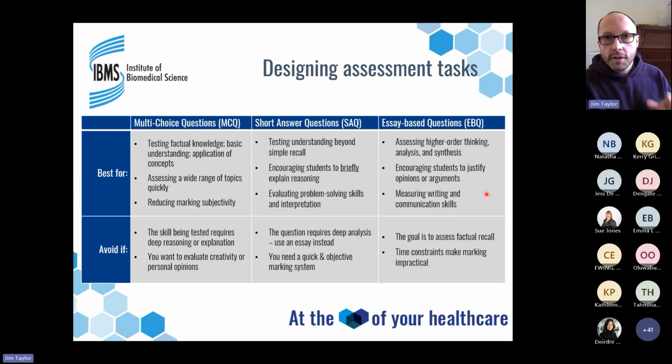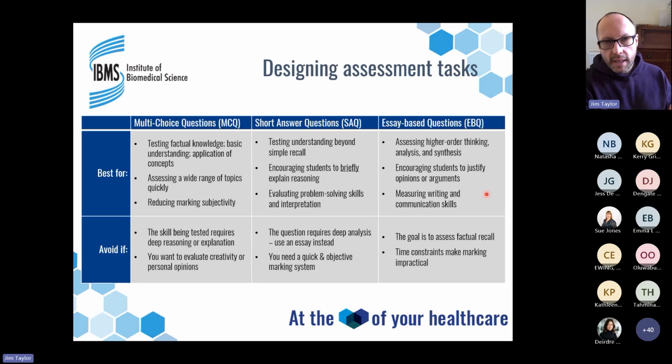Essay-based questions are the mainstay of the higher level qualifications, because traditionally they're used to assess high order thinking. They're used to do the very high levels of Bloom's taxonomy, the analysis, the synthesis, the evaluative type stuff. Essay-based questions are really good for getting justifications, for getting very deep reasoning, and for measuring the ability of people to communicate.